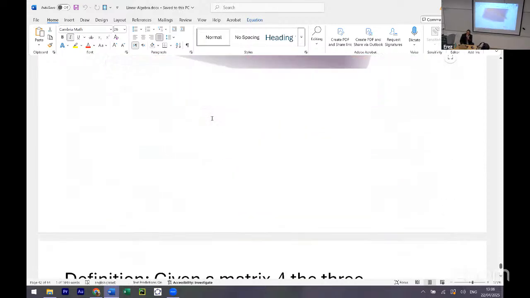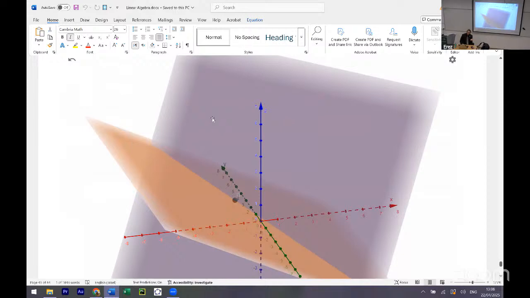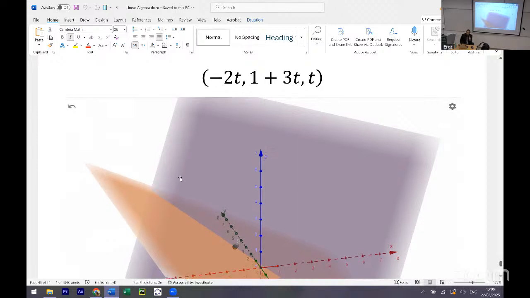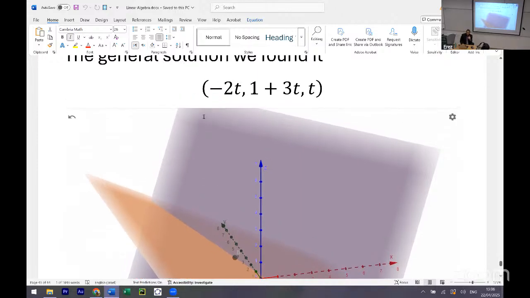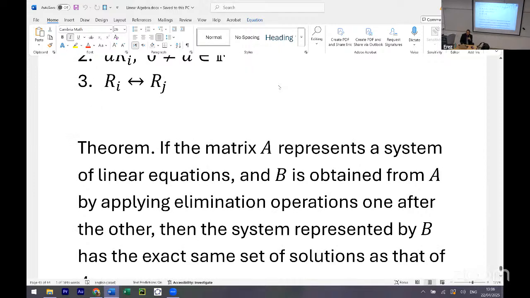And this is a geometric interpretation of the question, not of the answer. These planes are the original equations. These planes are the solutions to the original equations, and we're looking for the points which are on both planes, and we got an intersection line. These are all the points on the intersection line, and everything makes sense.